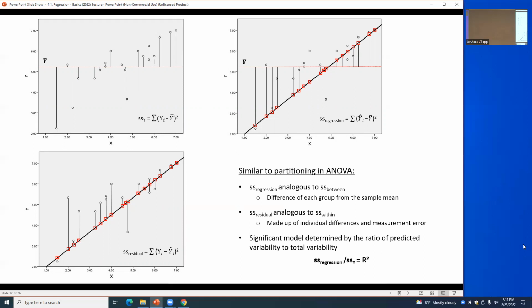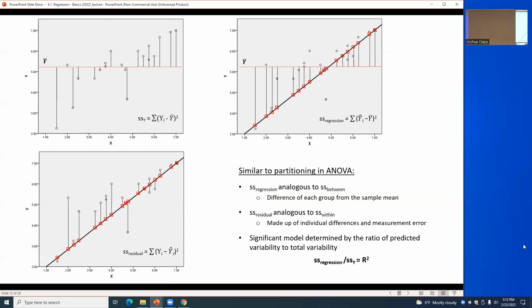Remember that our sum of squares y is the sum of the squared deviations of individual values of my outcome minus the mean of my outcome. Here's the mean for y, and here are all the differences between my observed values and the mean. This is the total variability in my outcome that I'm trying to account for.